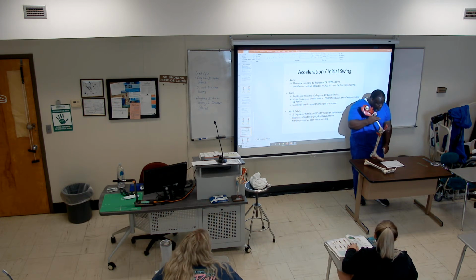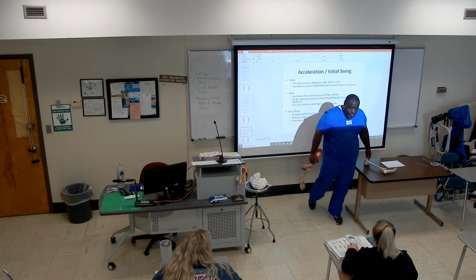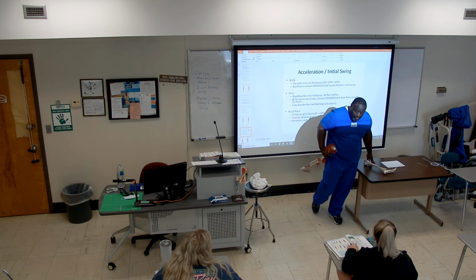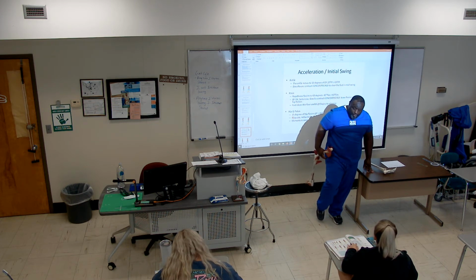And then my hip is going to be in about 15 degrees of flexion. So it's moving into flexion. Now I'm bringing my leg through, getting ready to go into my full swing. My hip is coming in front of my opposite leg, so now it's in about 15 degrees of flexion.